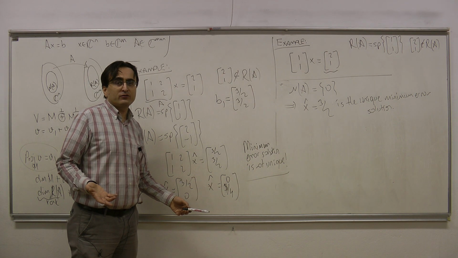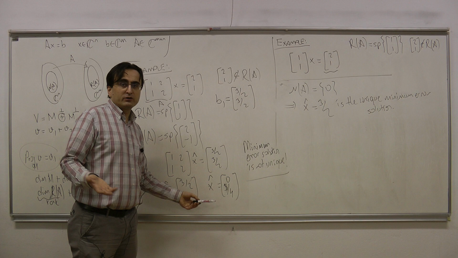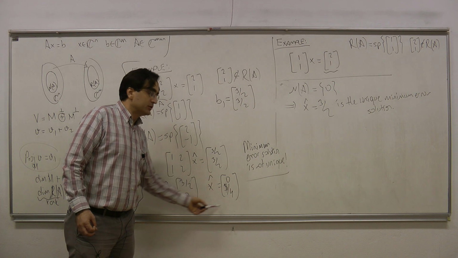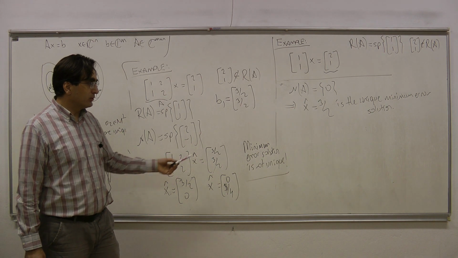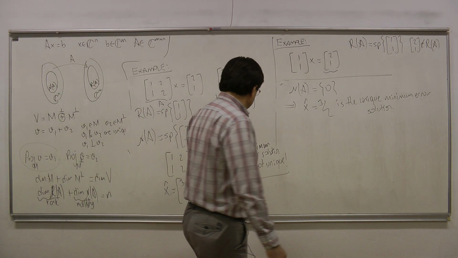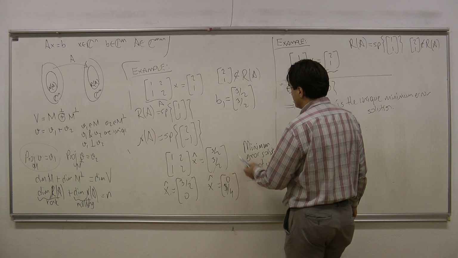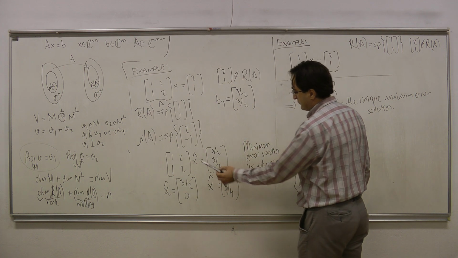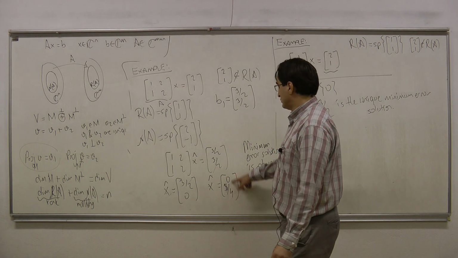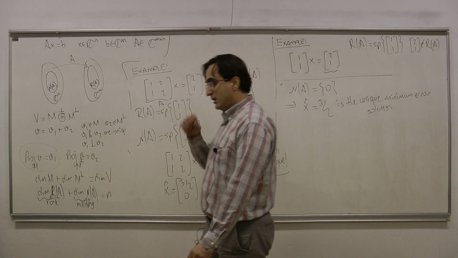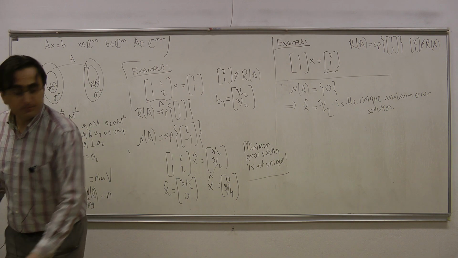But I can ask the question, are there other solutions with smaller norm than this one, for example? And actually, we are going to see that the answer is yes. The minimum norm, minimum error solution is not this one. We are going to see that it is going to have non-zero elements for both elements of X set.